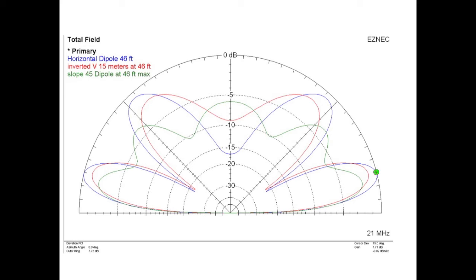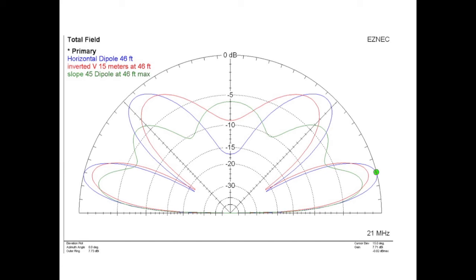That requires walking two ends out. The sloping dipole at a 45-degree angle, you only have to walk out one end. So there are times and locations, depending on your trees, your yard, and what have you, that a sloping dipole at about a 45-degree angle is maybe the best you can do. A lot easier to put up than a horizontal dipole, and you just may want to take a shortcut and do that.